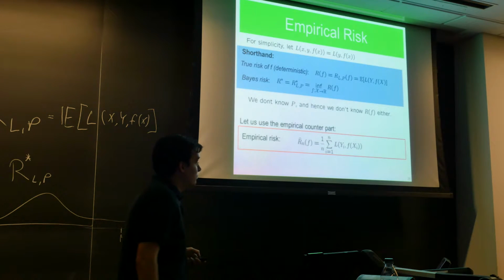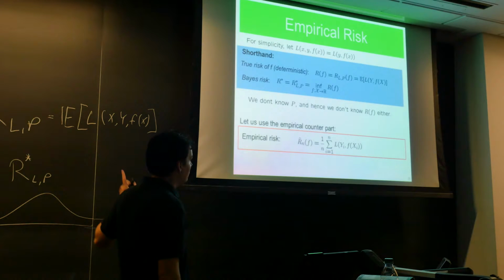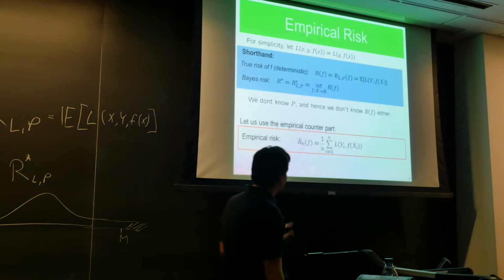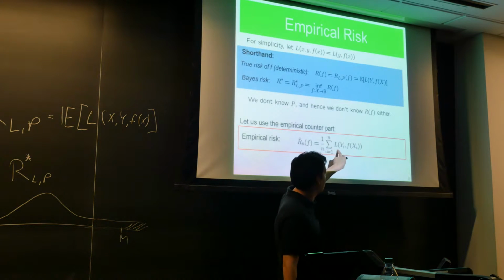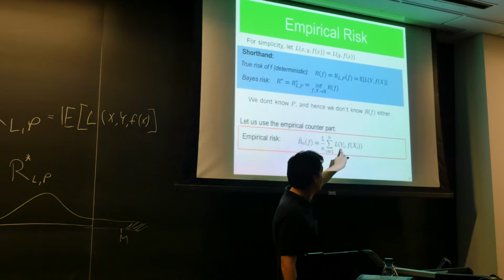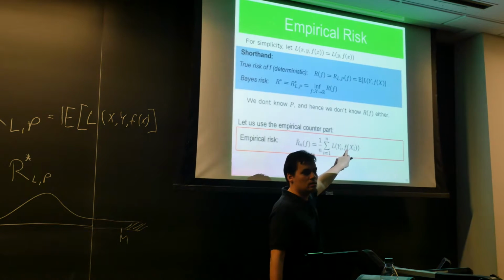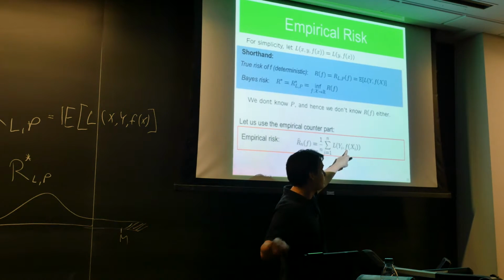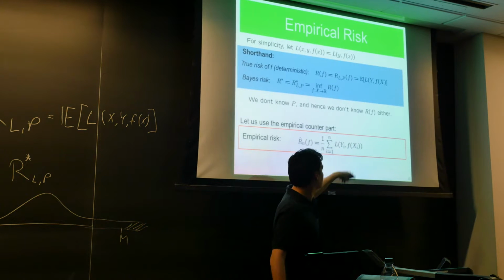So what we can do instead, we don't know p, but we can use the empirical risk, which is just the empirical average of the losses in my training set. So in my training set, there are xi, yi pairs. For a function f, I can calculate the loss.